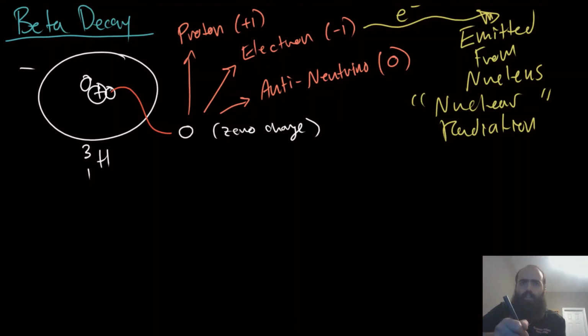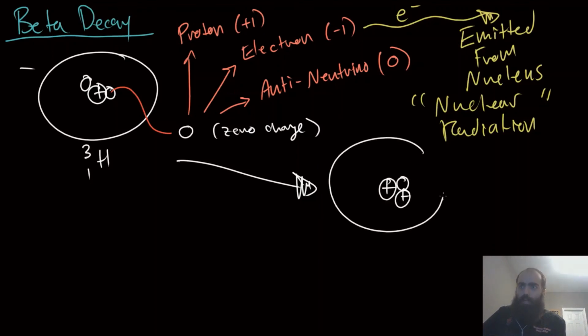So basically, the isotope of tritium that we started with has transformed itself into a new element, right? Because we've gained a proton inside of the nucleus. So now inside of the nucleus, we have 2 protons and the remaining neutron.